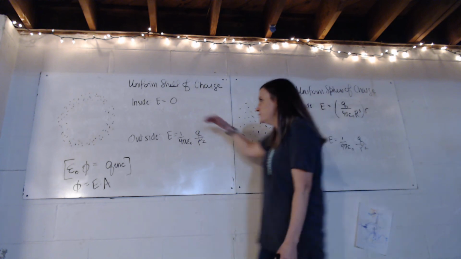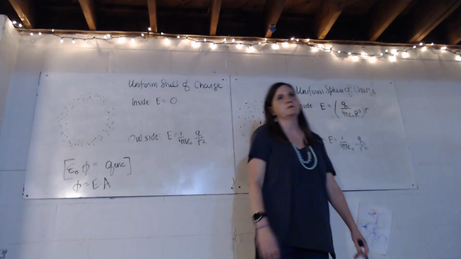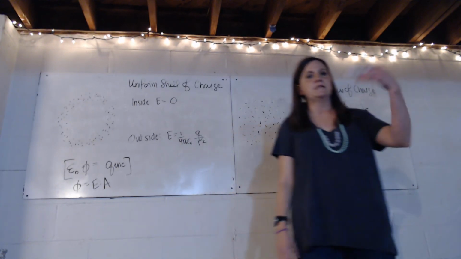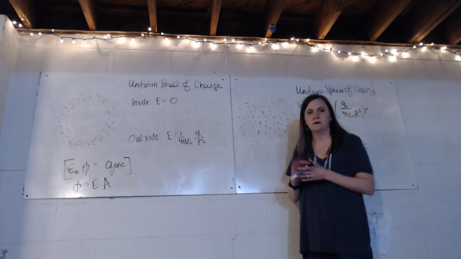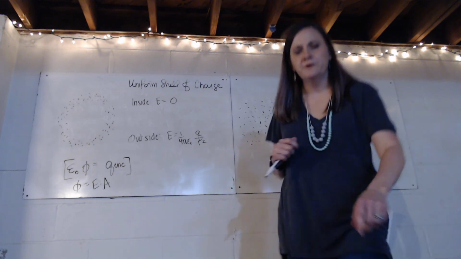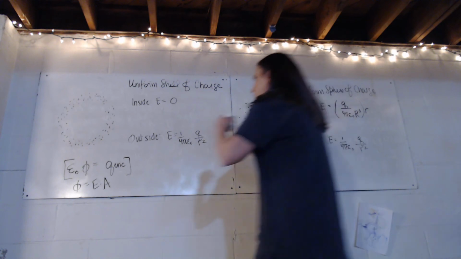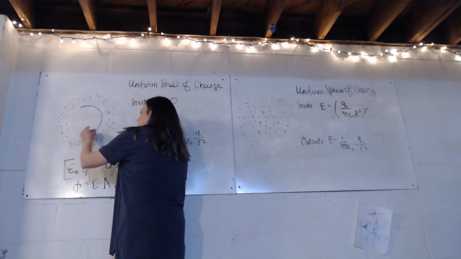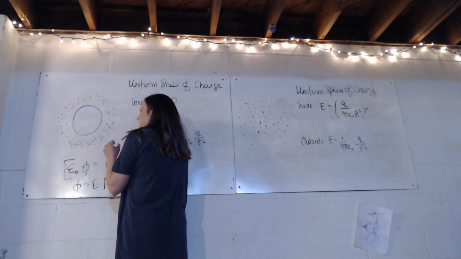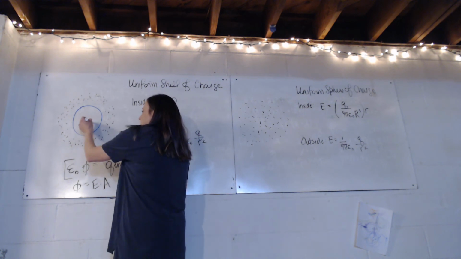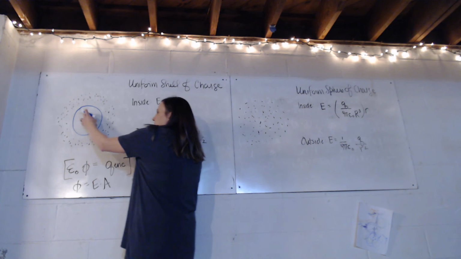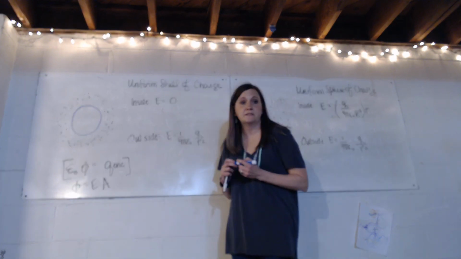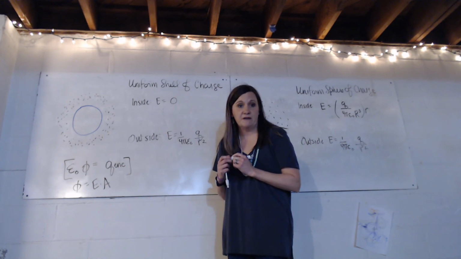If you have either one, what we want to know is the electric field inside and then outside of that charge. Let's go with inside. I'll tell you the answer, but if I draw a Gaussian surface, the blue circle will be my Gaussian surface. The amount of charge enclosed by this Gaussian surface is a big fat 0.